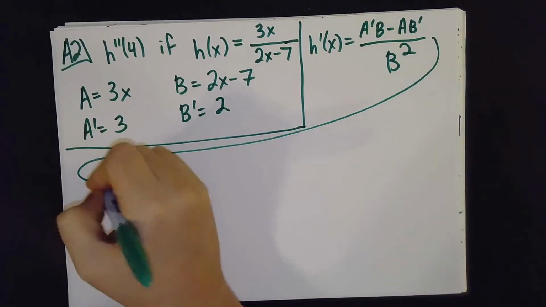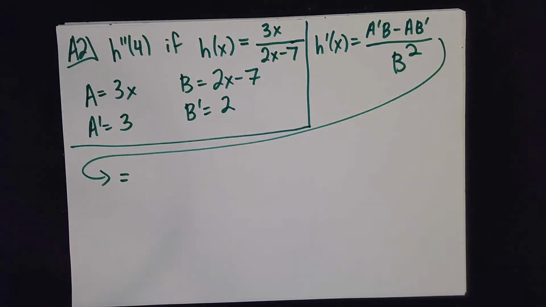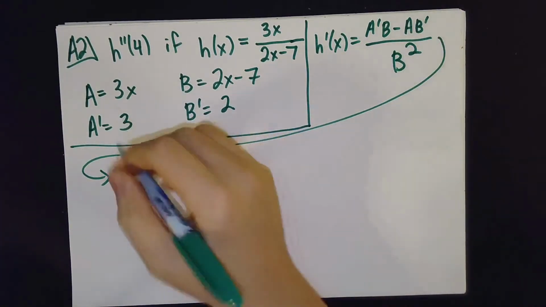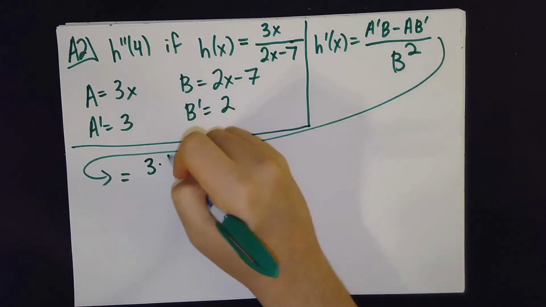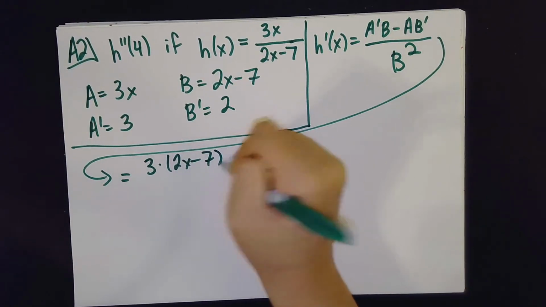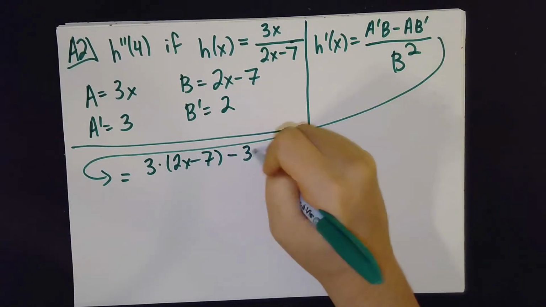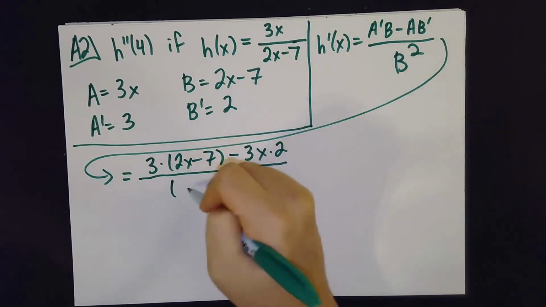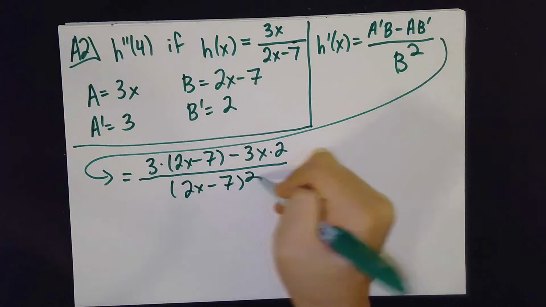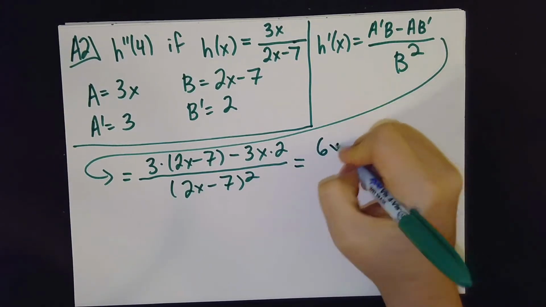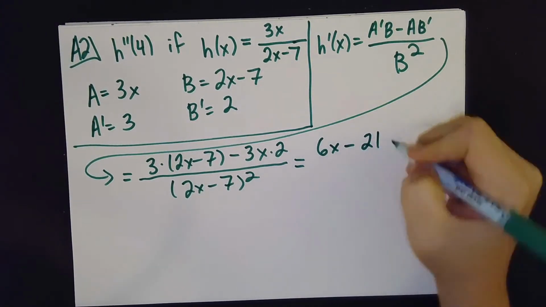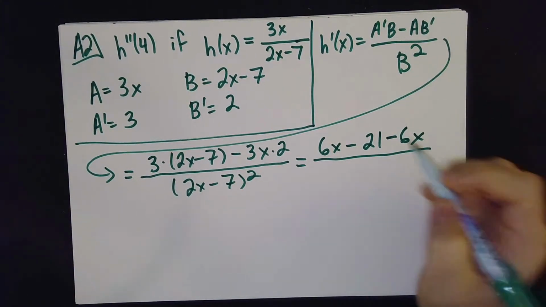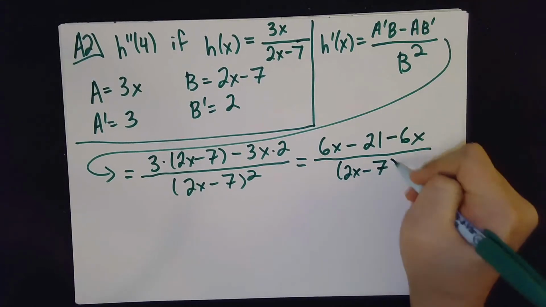Okay, and so in this instance, that's going to work out to be a prime will be 3 times b, 2x minus 7, minus a will be 3x times b prime, which will be 2, all divided by (2x minus 7) squared. 6x minus 21 minus 6x, all divided by (2x minus 7) squared.